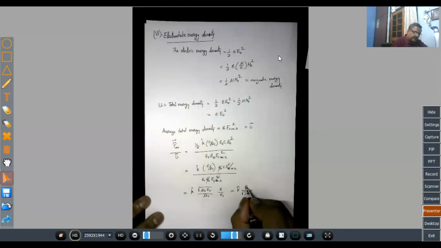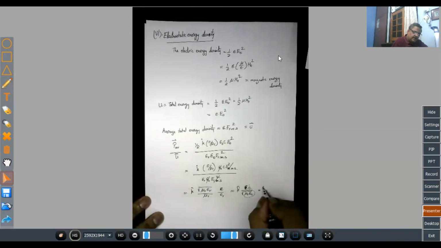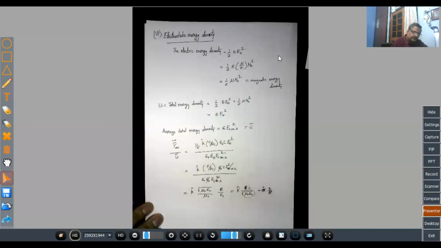And see, this is 1 upon under root mu r epsilon r will be V, and this is C. Oh, sorry. C upon relative.